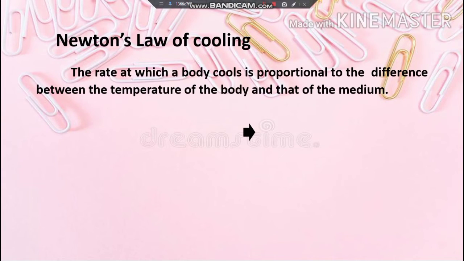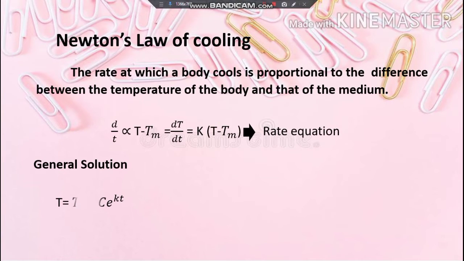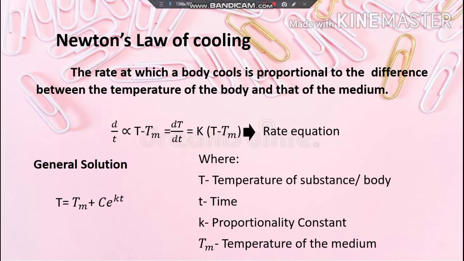Newton's law of cooling states that the rate at which a body cools is proportional to the difference between the temperature of the body and that of the medium. There are a rate equation and a general solution.